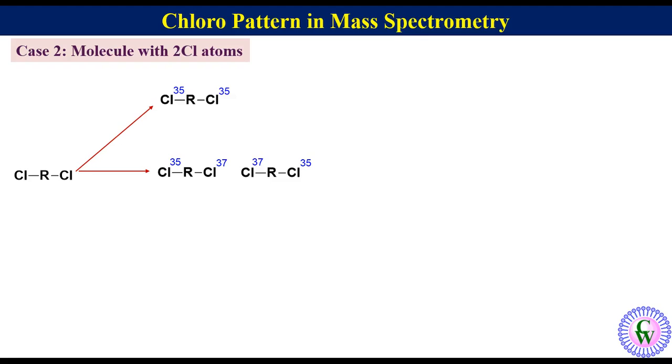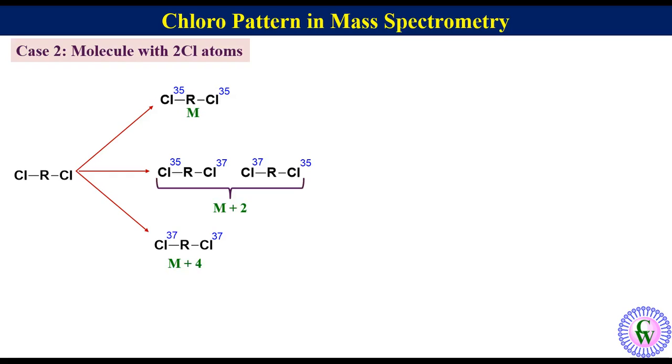The third type of molecule has both Cl37 atoms. The peaks with mass corresponding to these molecules respectively are M, M plus 2 and M plus 4.